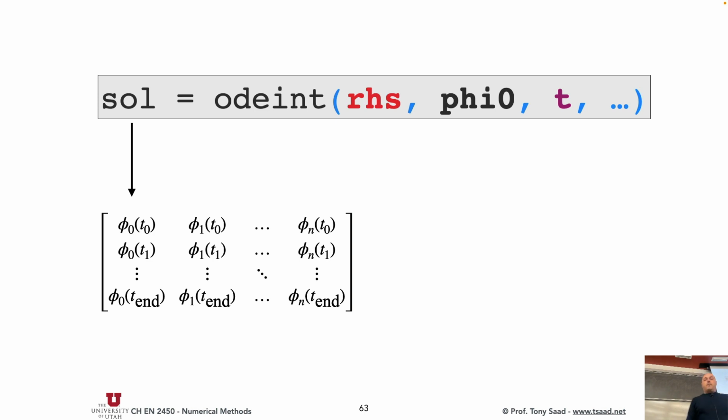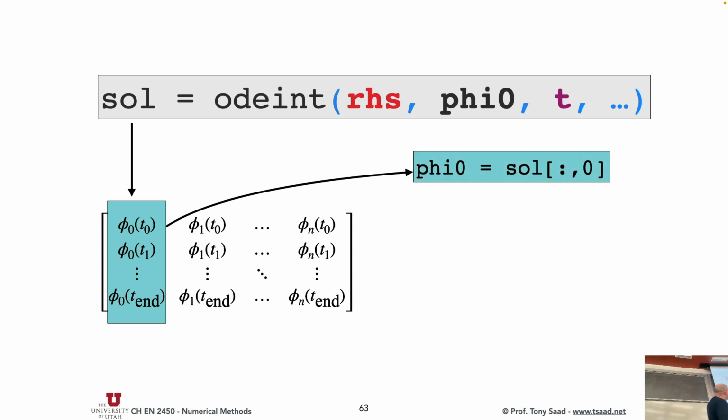Now, this poses a problem because you want to take that solution and then plot it. There are two ways to do this: an OK way and an easier way. The OK way, which is perhaps more intuitive, is to take each one of those columns, pick it up from the solution, and store it in a variable, call it phi0. And then the same thing for phi1.